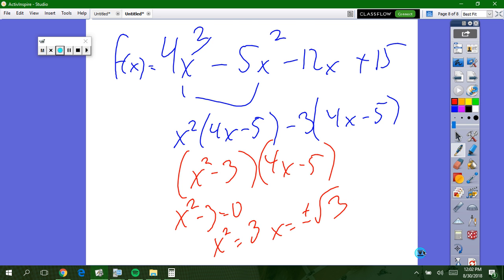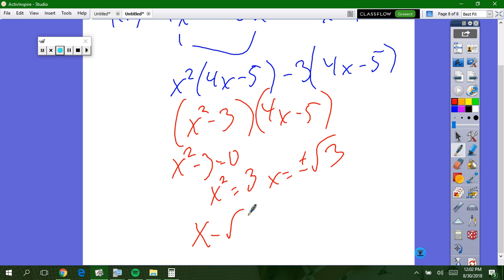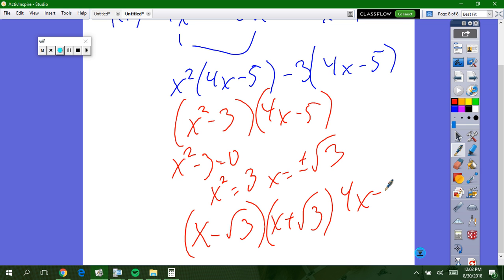So, really quickly, these guys have their very own zeros, don't they? That's x minus root 3, x plus root 3, and 4x minus 5. Does that make sense? Just because he was an x squared doesn't mean he has multiplicity of 2 there, right? Meaning there's still 2 zeros, and I found them.